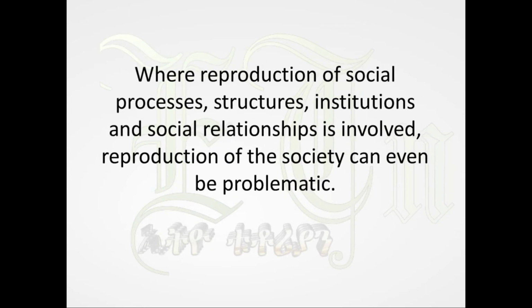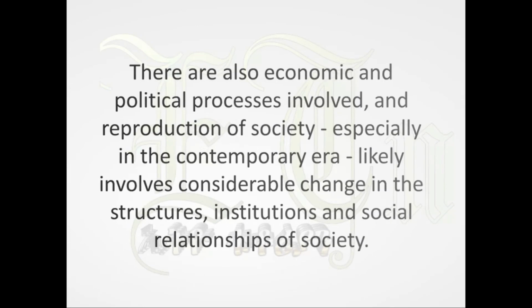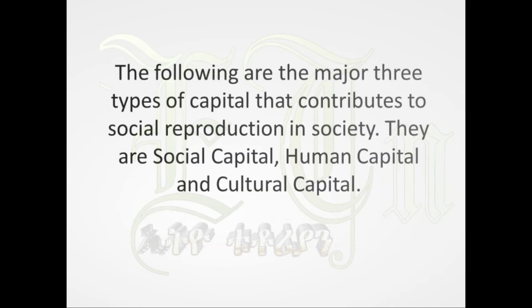Where reproduction of social processes, structures, institutions and social relationships is involved, reproduction of the society can even be problematic. There are also economic and political processes involved, and reproduction of society, especially in the contemporary era, likely involves considerable change in the structures, institutions and social relationships of society.